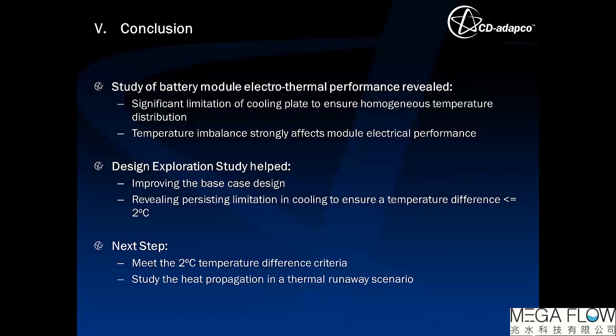And so with the objective of improving these limitations and poor performances, the design exploration study that we carried out helped improve the best case design by improving the temperature difference by up to 7 degrees in some cases. But it also revealed that even though we tried improving the cooling systems, we couldn't manage to obtain the target temperature difference that we set, that is to reach a 2 degrees temperature difference across the module.